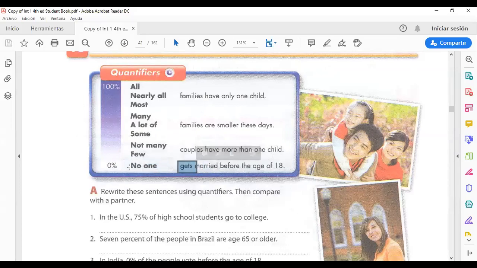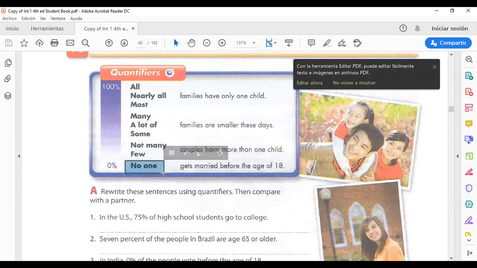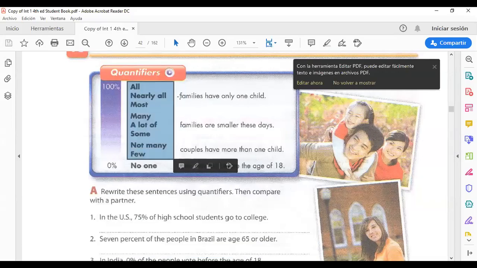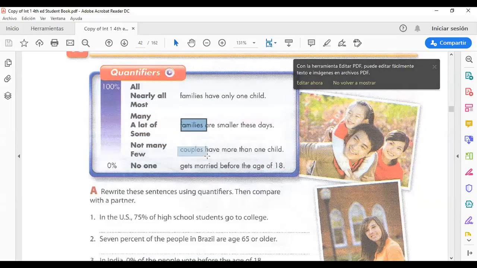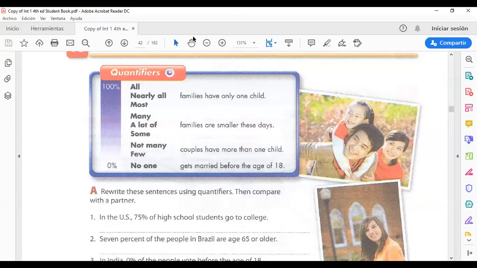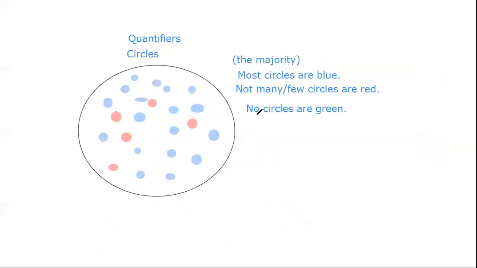No one gets, because this is a noun, so it's different from the others. Notice that in these ones, for example, we don't use the verb after them. We use a noun: family, families, couples. But after no one, we use a verb because no one is a noun. So we cannot say no one circles because it is not logical. What we would say is no circles. No circles are green.